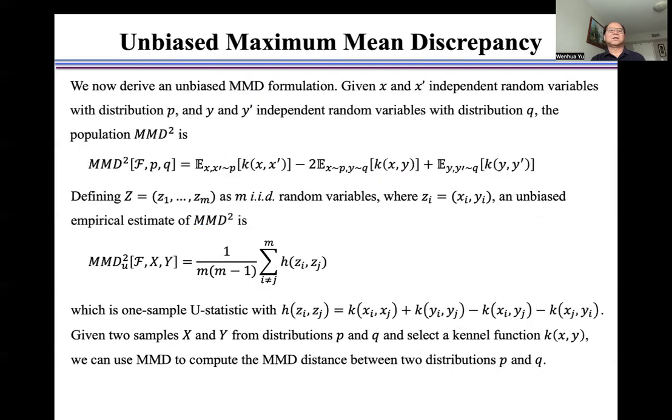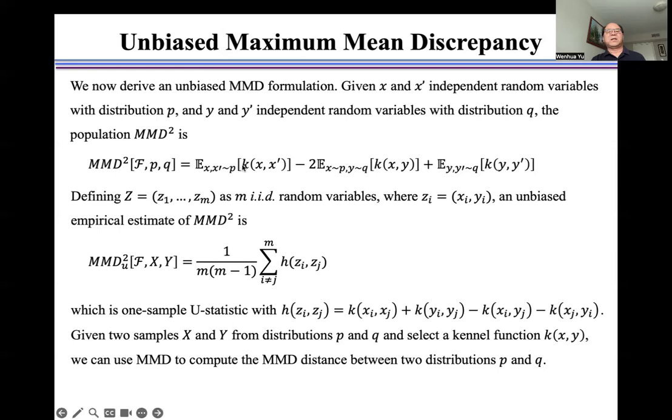We now derive the unbiased MMD formulation, given X and X prime independent random variables with distribution P, and Y and Y prime independent random variables with distribution Q. The population squared MMD is a summation of three expectations.